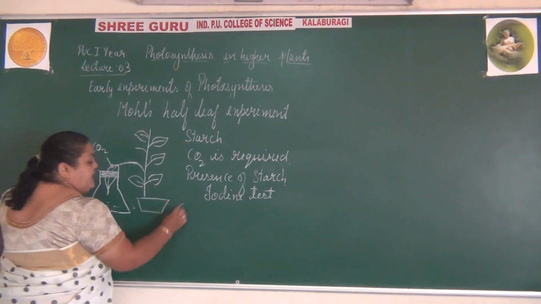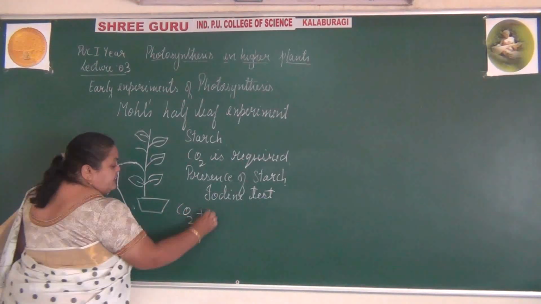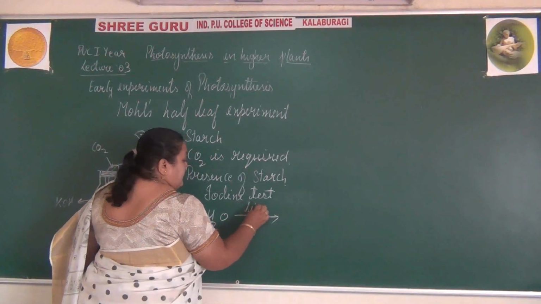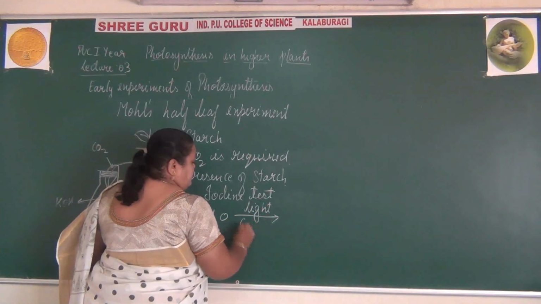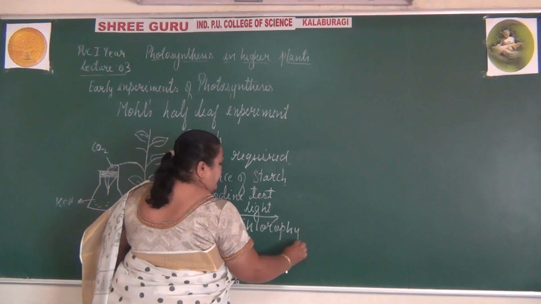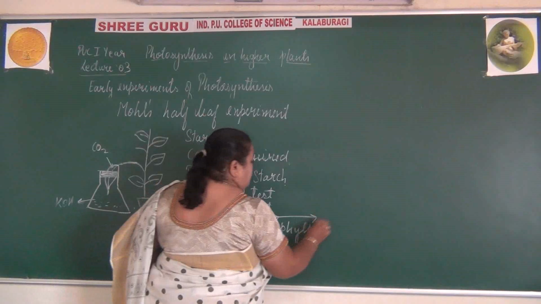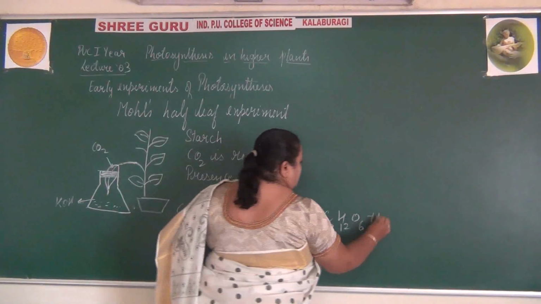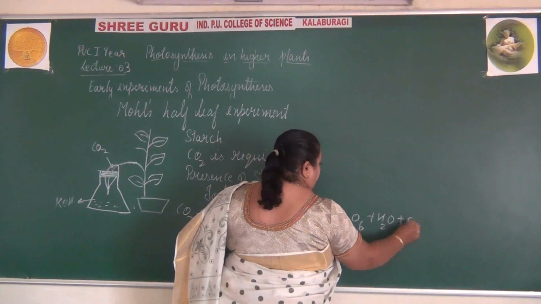So by this equation, carbon dioxide and water, with light and chlorophyll, are responsible for the production of glucose, water and oxygen.